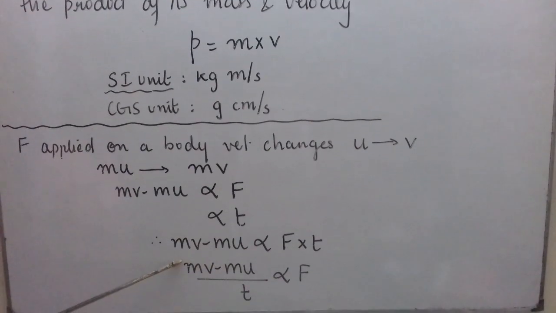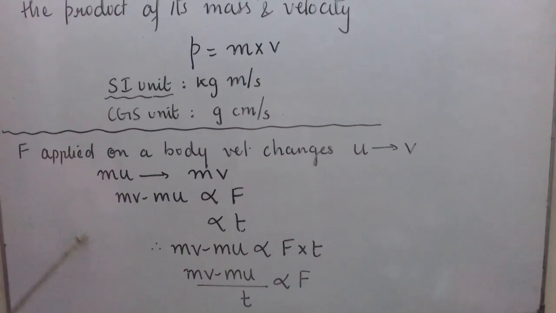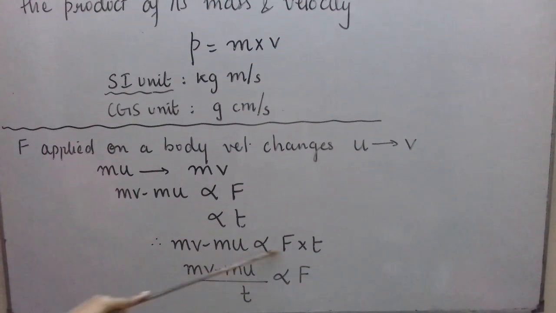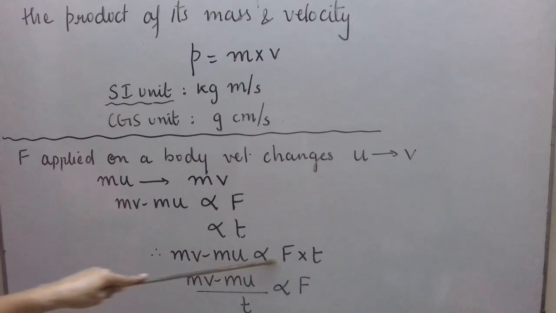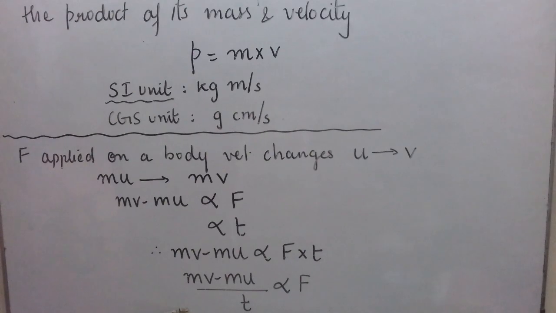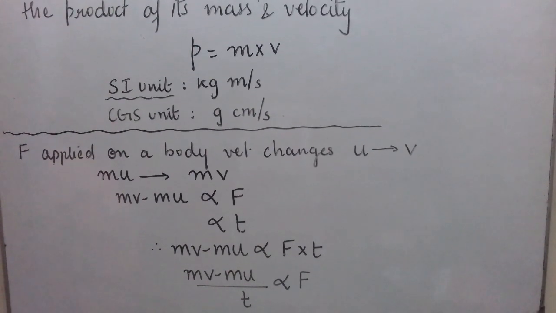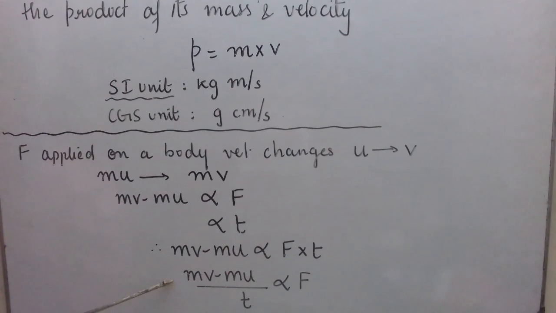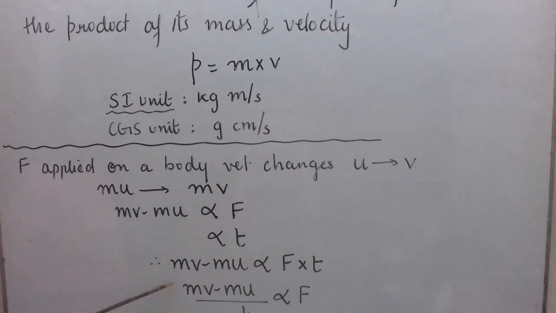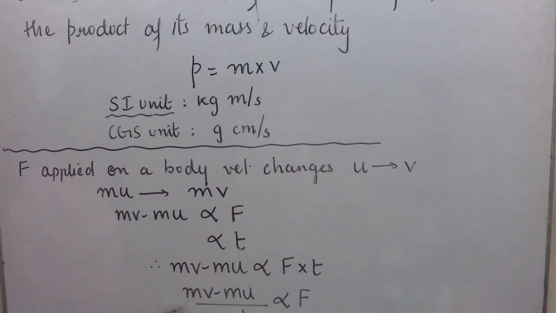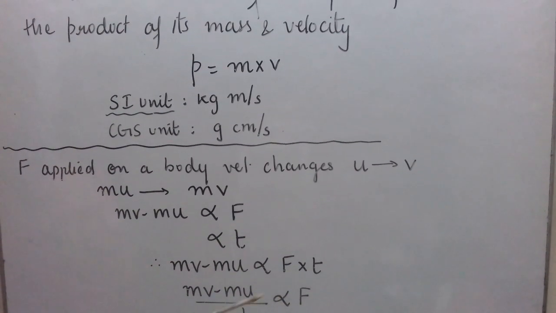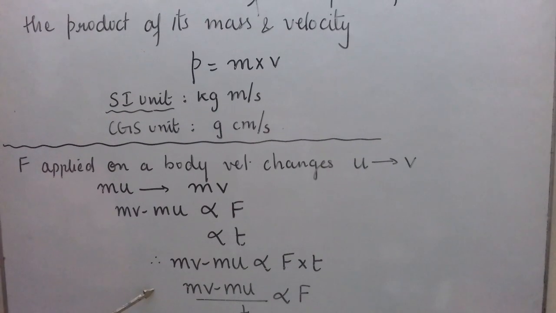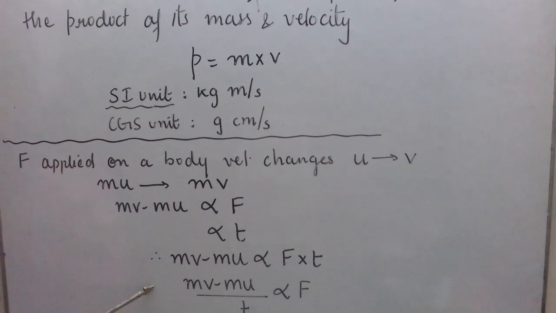So now there is no need to write these steps. You can easily accept this relation, and now you can easily state Newton's second law of motion. So what is Newton's second law of motion? The rate of change of momentum of a body is directly proportional to the force applied and it takes place in the direction of the force applied.